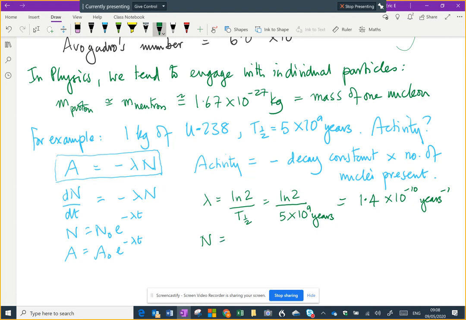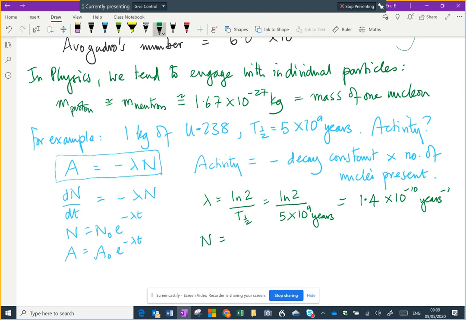So this is the bit where I really wanted to get to. Some of you, when you were doing this last term, immediately said, oh, well, the molar mass is 238. And the next thing you did was you used Avogadro's constant, and what you didn't get right was it's 238 grams. You put that it was 238 kilograms. But I'm not going to get involved in that at all.